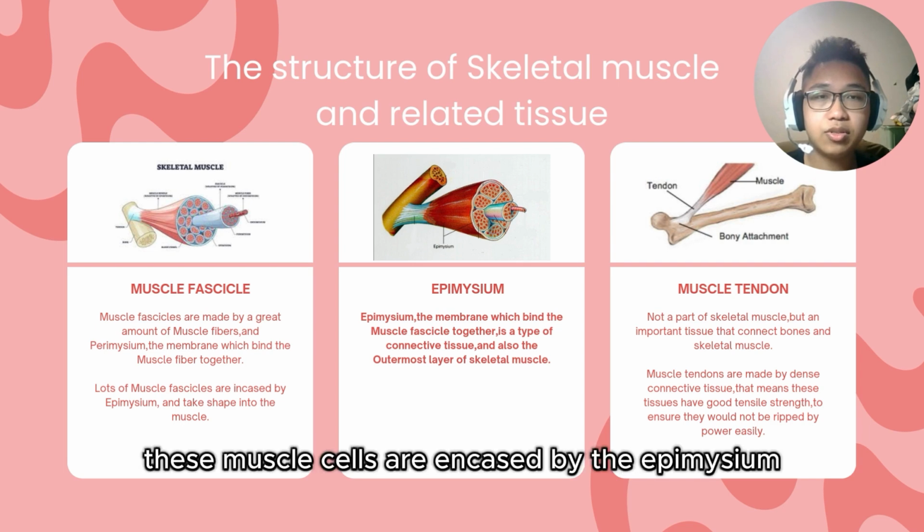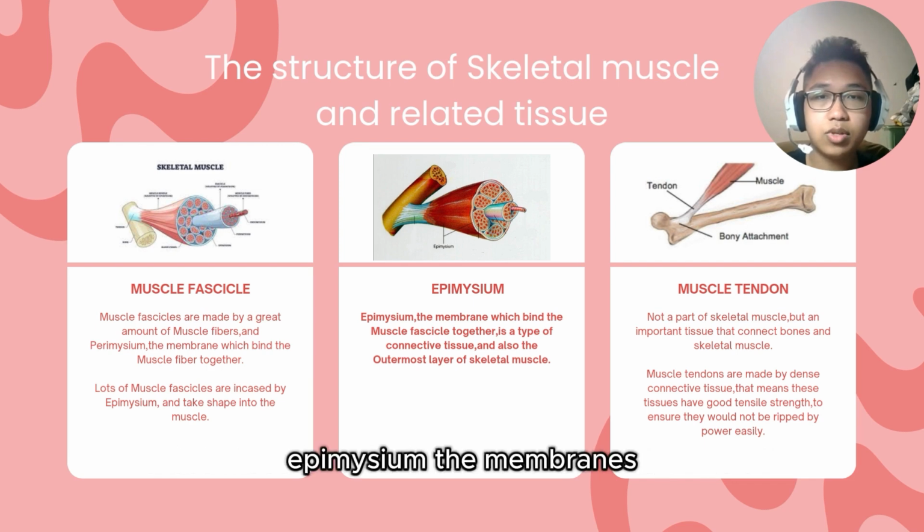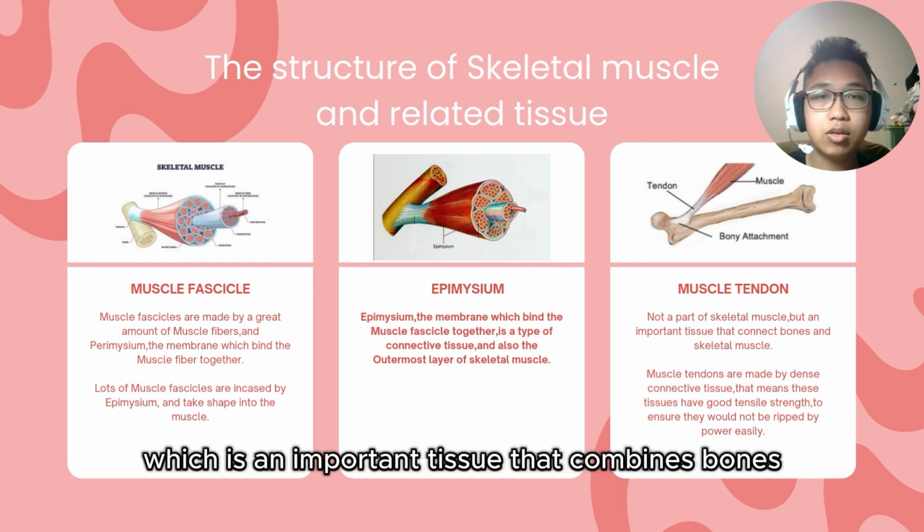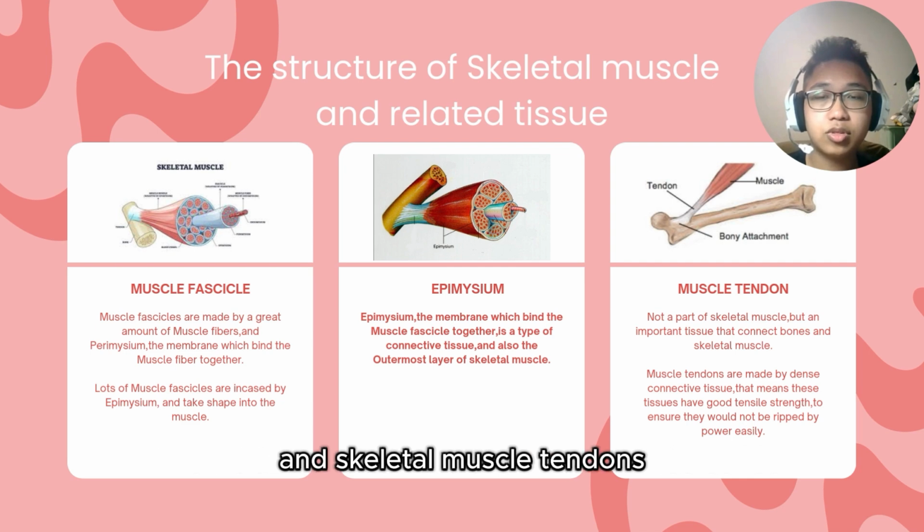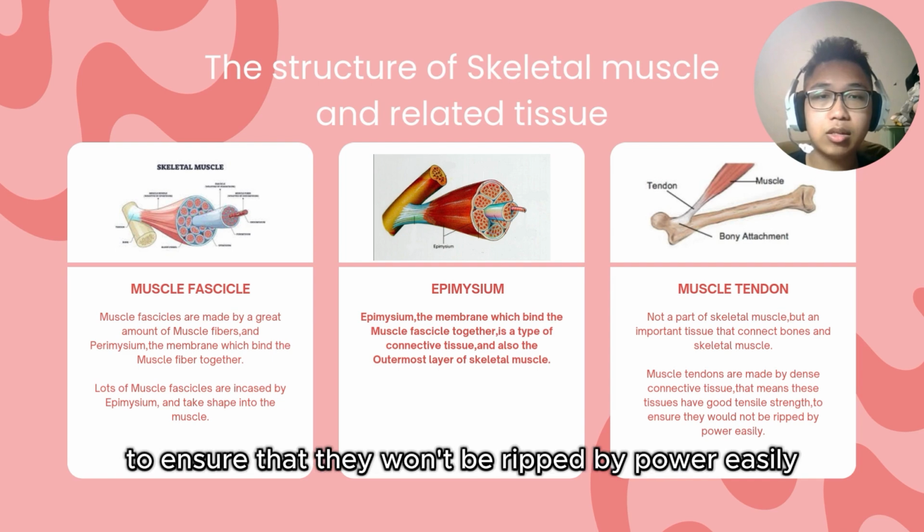These muscle fascicles are encased by the epimysium, a membrane which is a type of connective tissue, and take shape into muscles. A muscle is also connected with a tendon, an important tissue that joins bones and skeletal muscle. Tendons have good tensile strength to ensure that they will not be ripped easily by force.